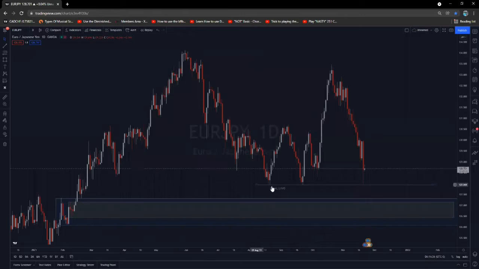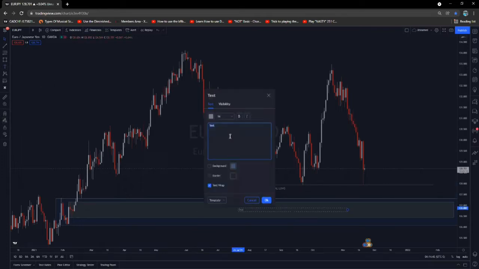There's equal lows over here, and then there's a nested demand area over here. So this is why I was expecting the market to come into this level before going up. And if it doesn't, we already know what we're expecting.